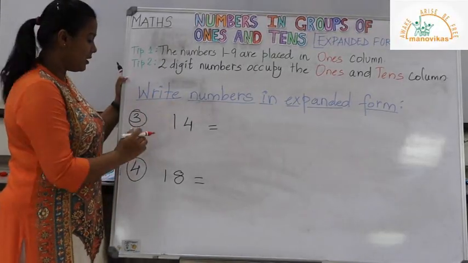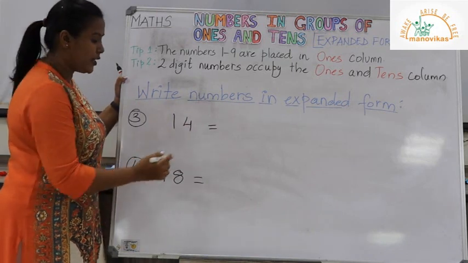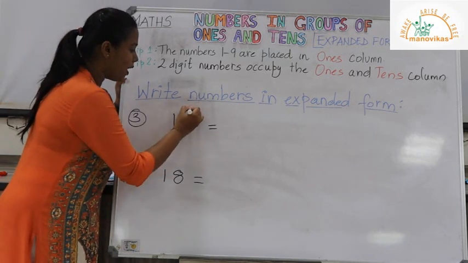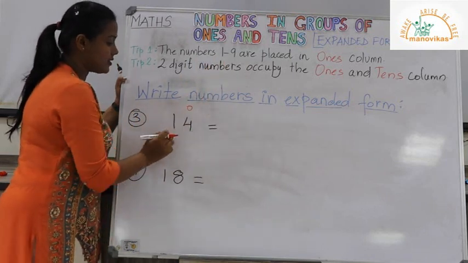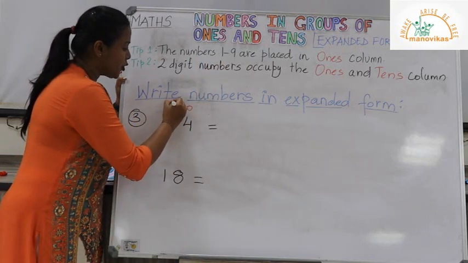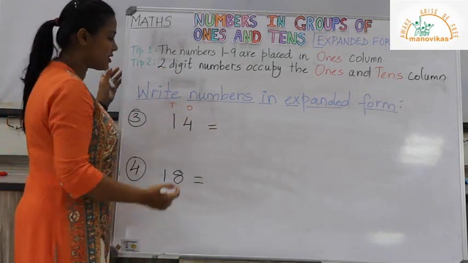So 20 plus 0 is the expanded form of the number 20. The next example is number 14. So let us write the place values. 4 will go in the ones place since it's the first number from our right hand side, and the next is number 1 which will go to the tens place. So now let us write the expanded form of this number.